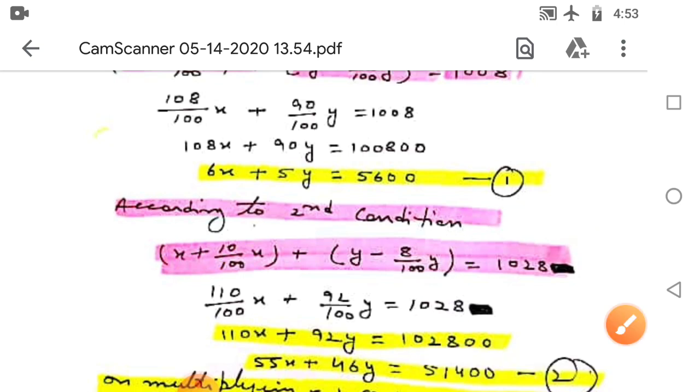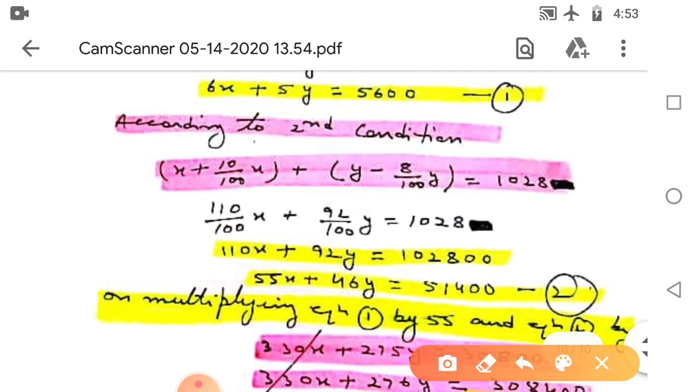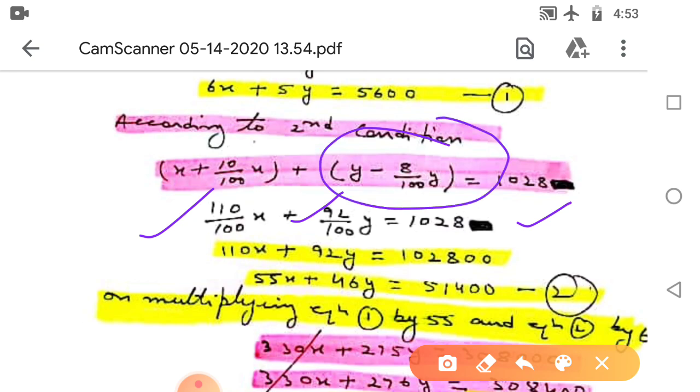Look here, this is 110 upon 100 x plus 92 upon 100 y is equal to 1028. When we solve y minus 8 upon 100 y, we get 92 by 100 y, and when we solve x plus 10 by 100 into x by taking LCM, we get 110 upon 100 x. Finally we get equation 2 as 55x plus 46y is equal to 51,400.